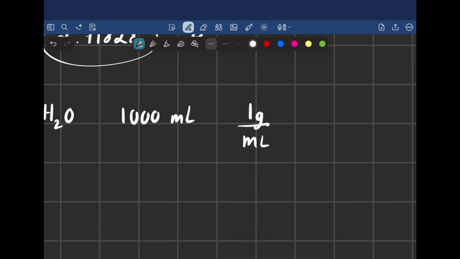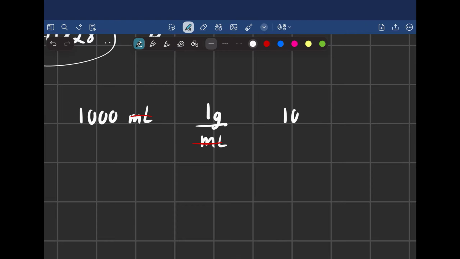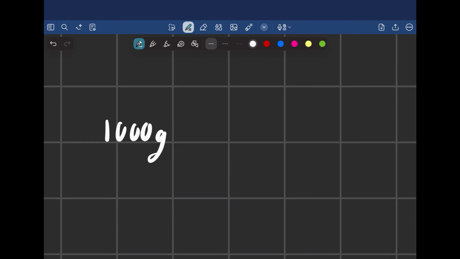And what we can do with that is, if we were to multiply these out, these units cancel. So we end up with 1,000 grams. So this is a kilogram of water, essentially. A liter of water is a kilogram.